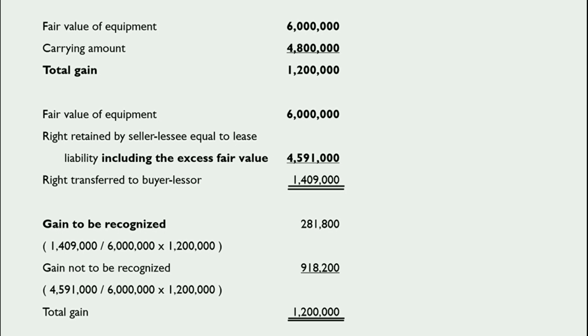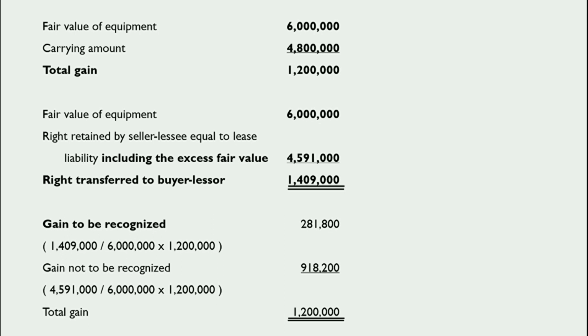Yang amount na yan yung hindi na transfer. So, i-minus natin, di ba? So, 6 million minus 4,591,000, it is 1,409,000. So, yan yung right transferred to buyer lessor.